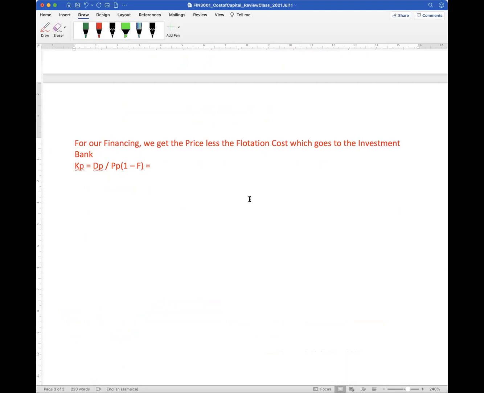All right, so I'm saying for financing, we get the price, less the flotation cost, which is the money that the investment banker takes out of everything. So what that is saying is this.